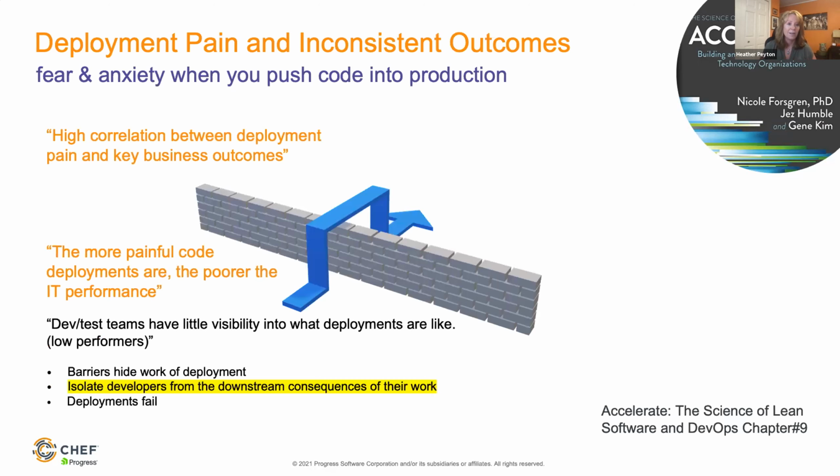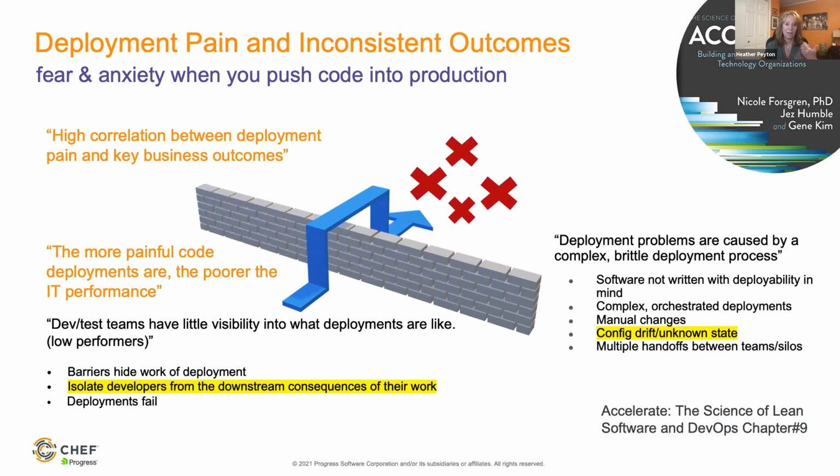If we have dev teams working in one environment without visibility into all of the requirements on the other side of the fence, this leads to unexpected failures and ongoing challenges, config drift being a big one.